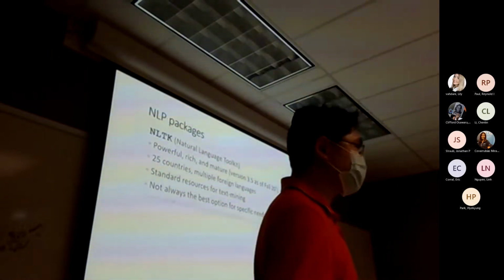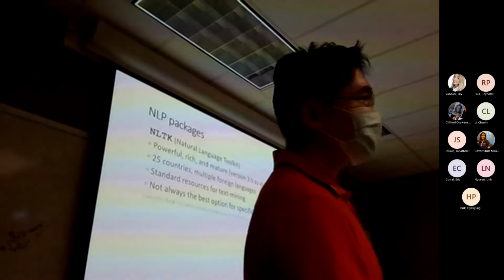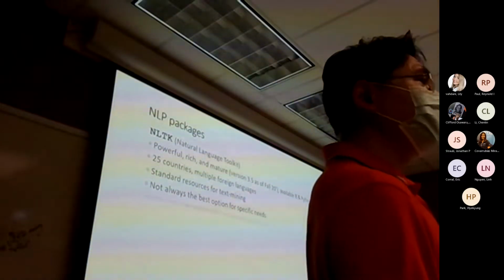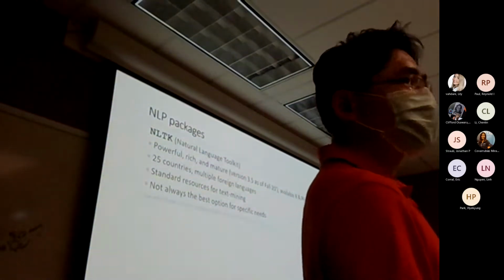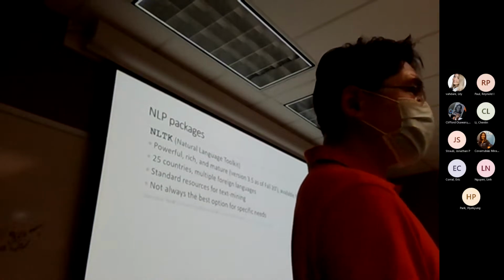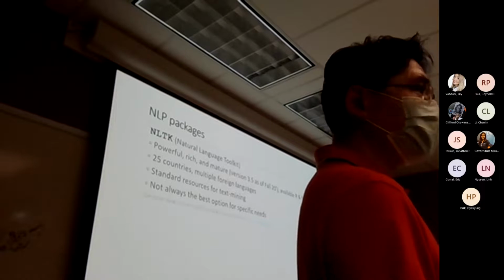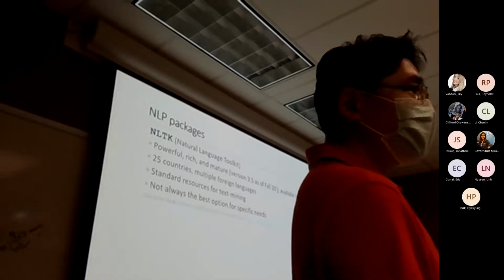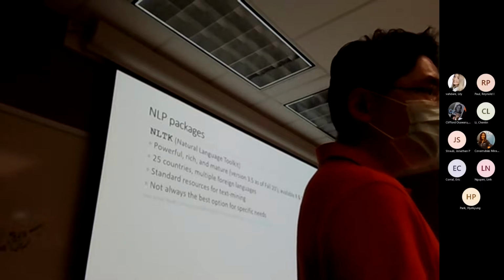In terms of natural language processing packages, NLTK is a very powerful one. It has more functions than what we're going to use. It is more traditional. There's an R package for NLTK. In fact, I learned NLTK in R initially, and then they also have it in Python.